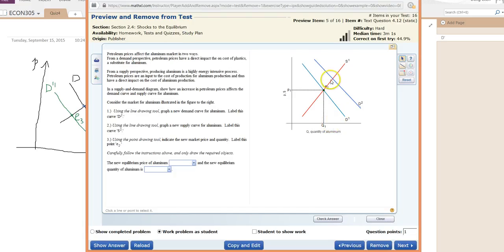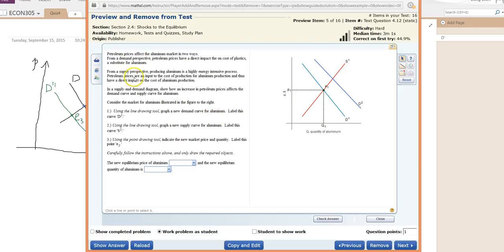That's the likely effect of the demand shock alone. But here we also have a supply shock, because the petroleum prices also affect the supply side of this market. And in what direction?